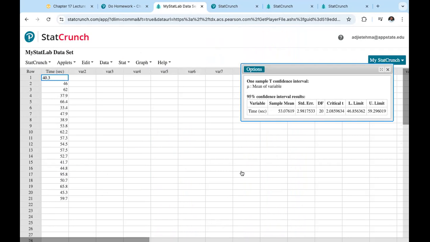So you can see from here, this is the lower limit, and then this is the upper limit, isn't it? So from here, you can be able to answer that problem, which is the lower limit is 46.856.